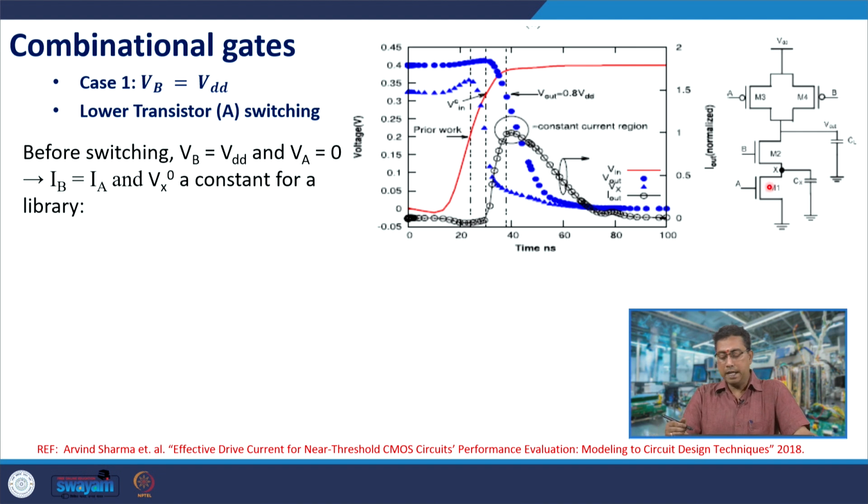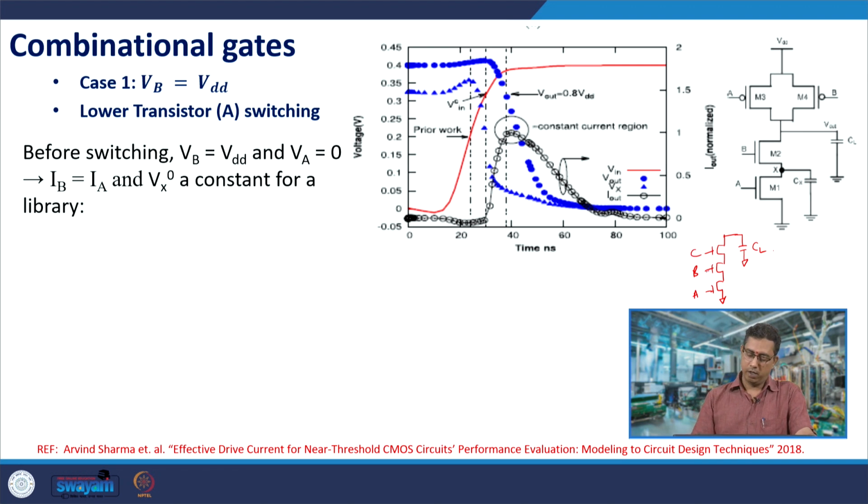So, if we increase the stack height, for example, if we have a 3 input NAND gate, I am just drawing the pull down network of the 3 input NAND gate, with A, B and C inputs.